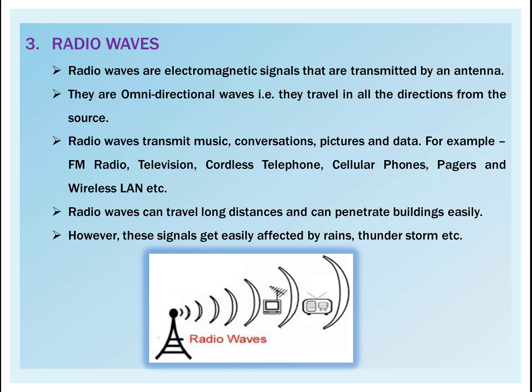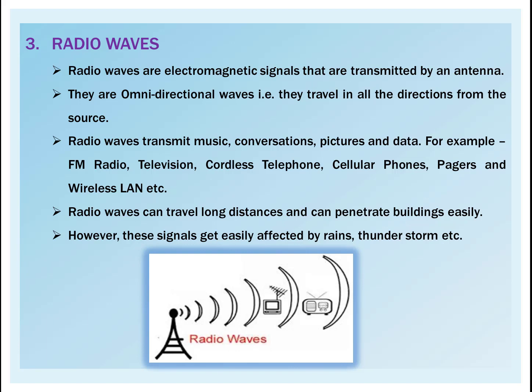Third is radio waves. Radio waves are the electromagnetic signals that are transmitted by an antenna. They are omnidirectional waves, that is, they travel in all the directions from the source. Radio waves transmit music, conversations, pictures, and data.